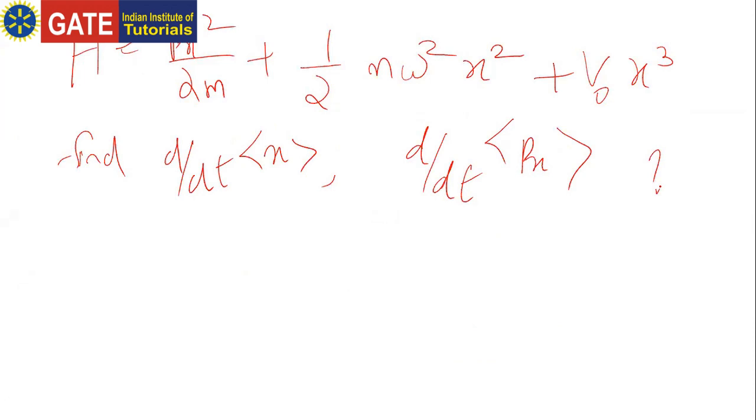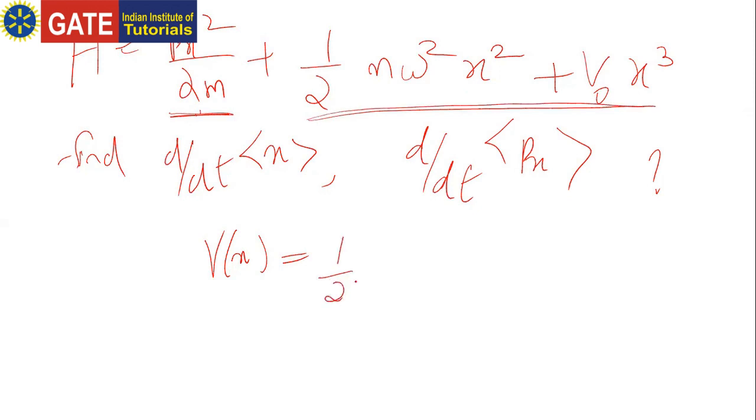Here the potential is V of x equal to half m omega square x square plus v naught x cube. This is the kinetic energy and this is our potential energy. Don't leave out this term; the whole expression is the potential energy term.